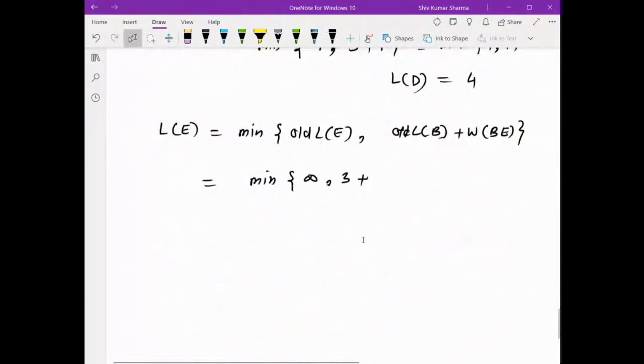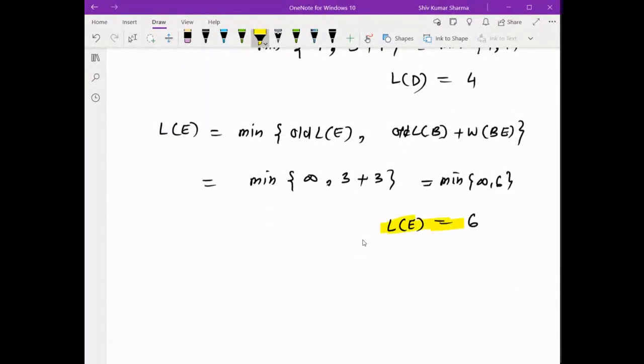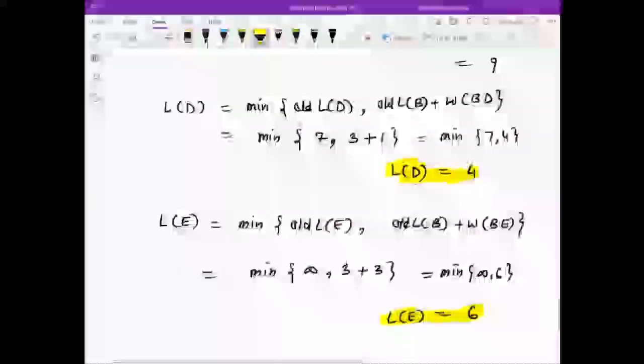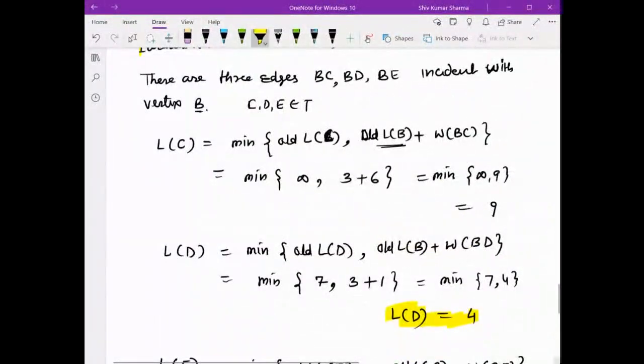BE is 3. So we can write minimum of infinity and 6. So this is equal to 6. So level of E is 6, level of D is 4, and the level of C is 9.